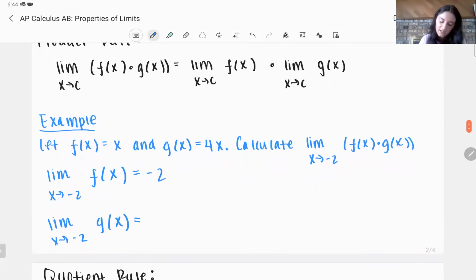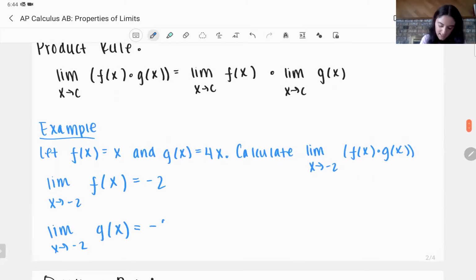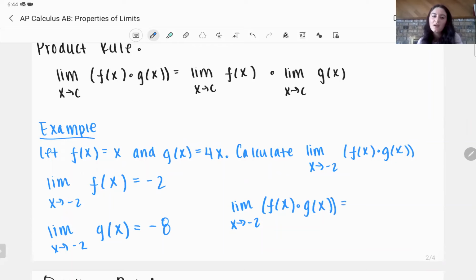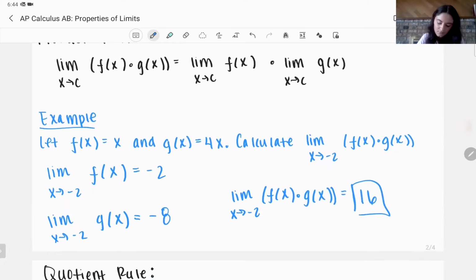And that is going to be equal to -8. So now to get the limit as x approaches -2 of f of x times g of x, we just multiply the two answers we got, and -2 times -8 is equal to a positive 16. So that's our final answer.